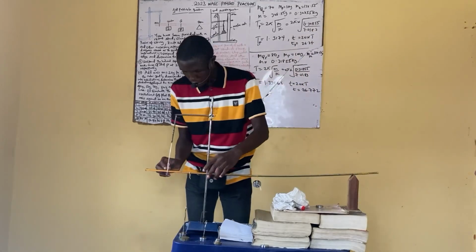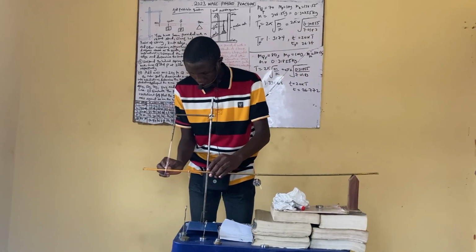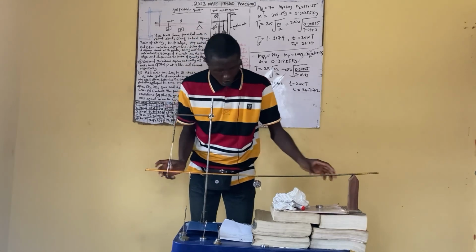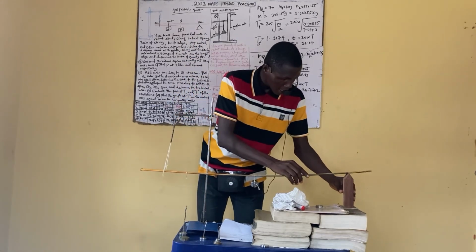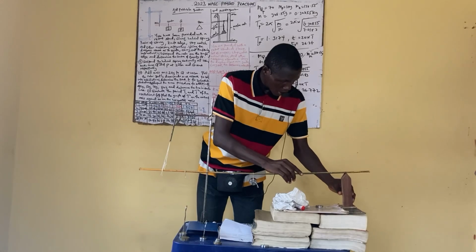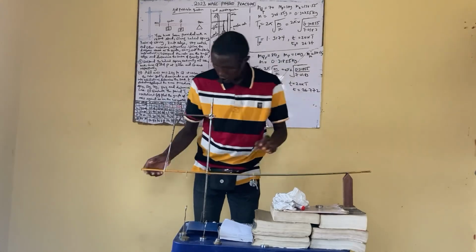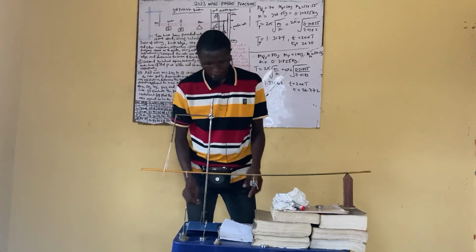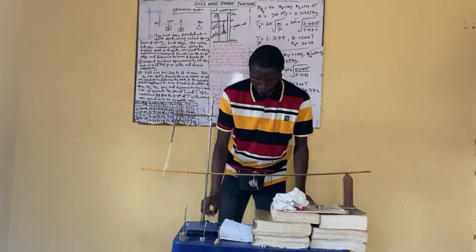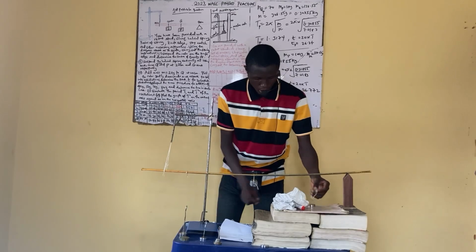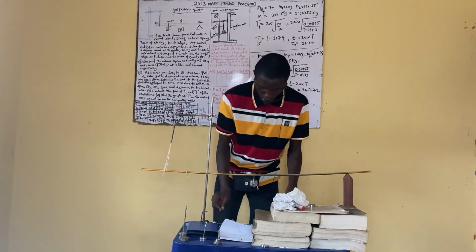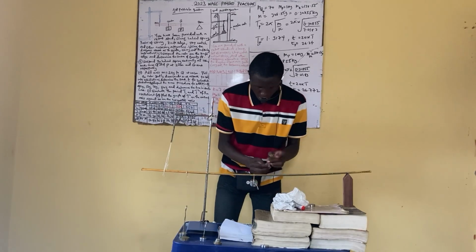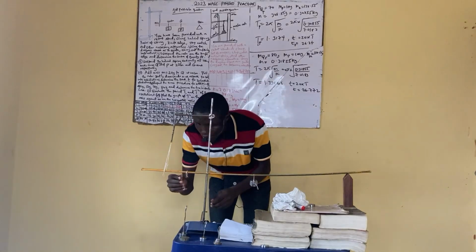At 10 centimeters, this one is going to be at what? At 10 centimeters. So you can see this is how the setup will look like. It's at 10 centimeters. Then we are asked to use 20 grams here as our P. So I'm going to use this one as my 20 grams.